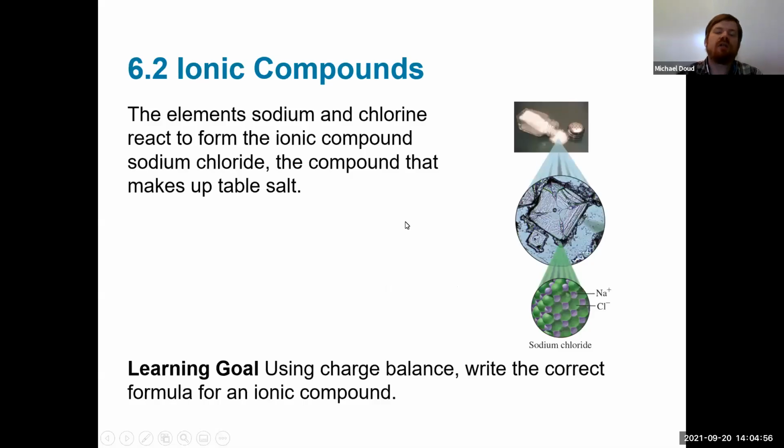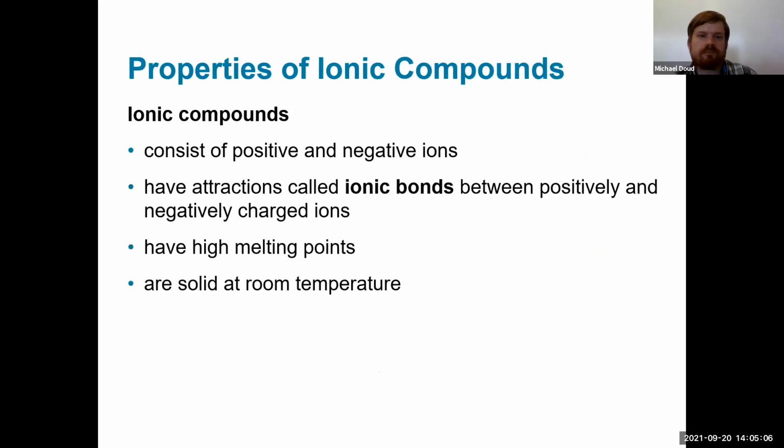Okay, now we're going to look at how these cations and anions combine to form ionic compounds, and then we're going to understand how to write the chemical formula. So how do ionic compounds form? We know that ionic compounds have positive and negative ions that are attracted to each other through electrostatic attractions.